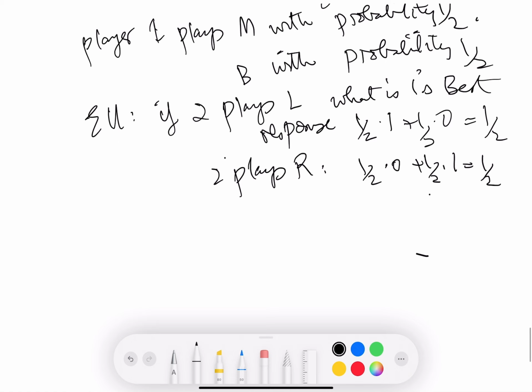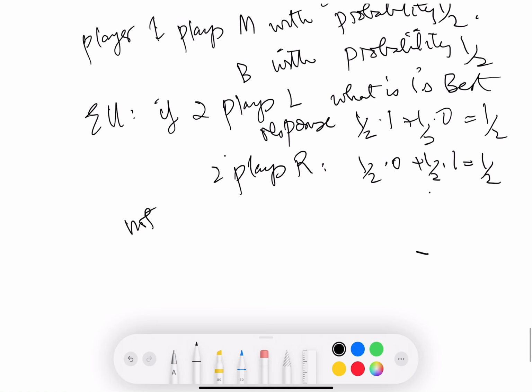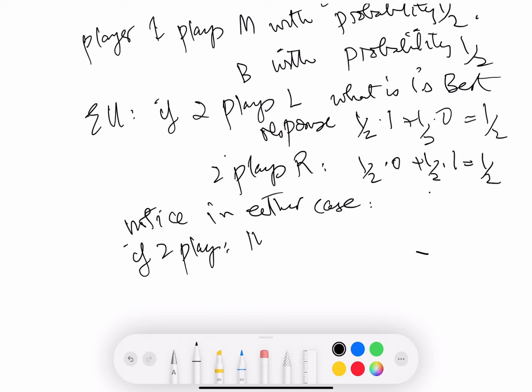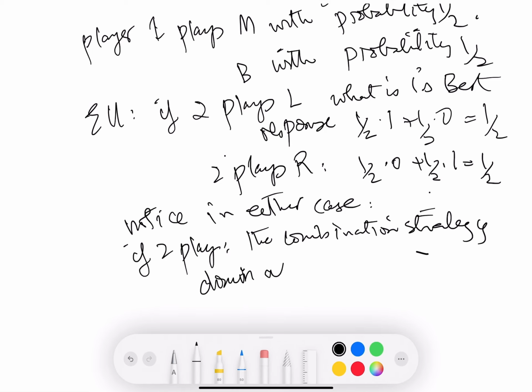Notice, in either case, if 2 plays L, the combination strategy dominates playing top.